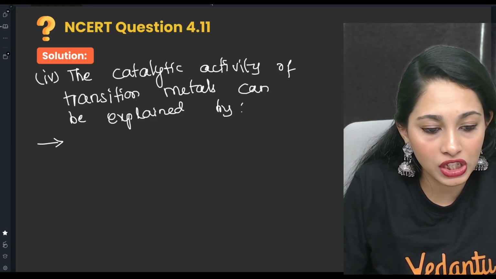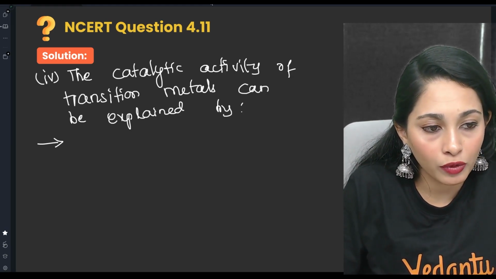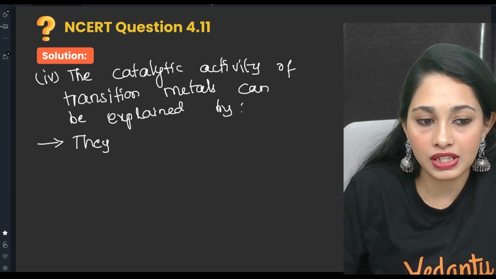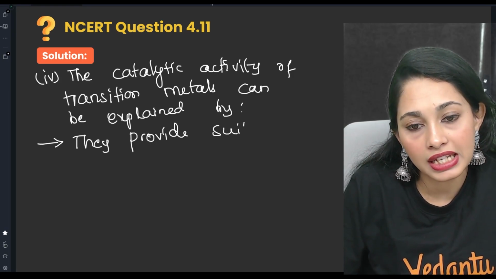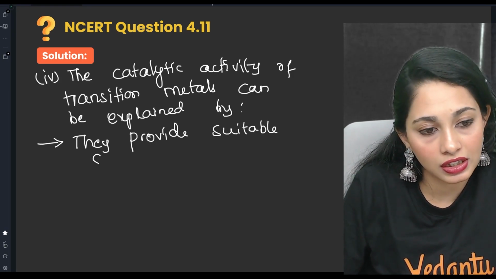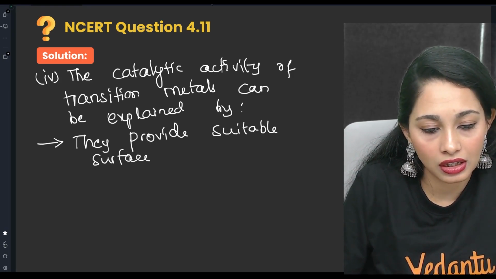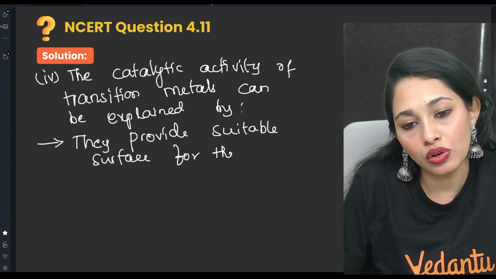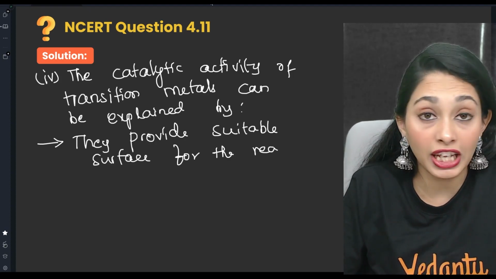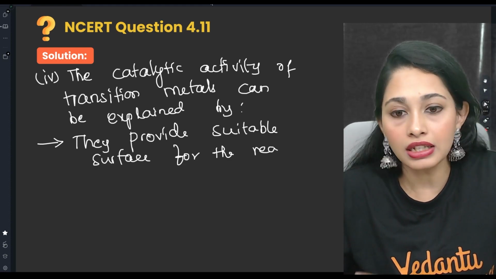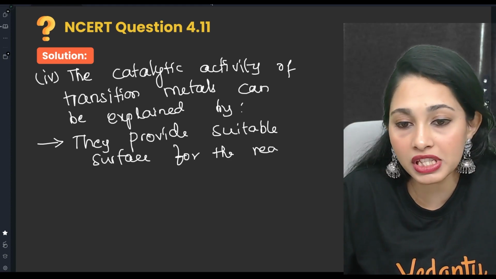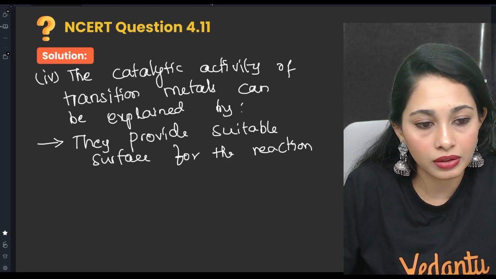First one, transition metals provide suitable surface for the reactions to occur. As I already mentioned, they do not take part in the reaction. They only accelerate or decelerate the rate of the reaction.